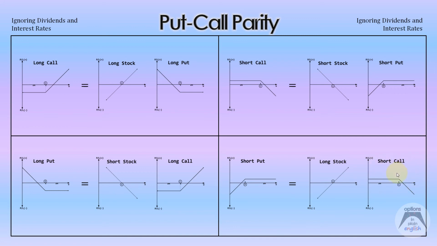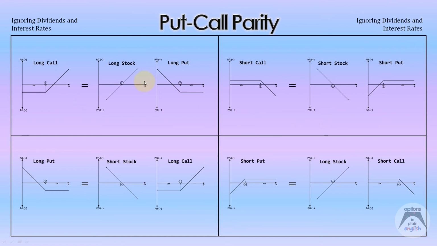Now remember, we mentioned that we are ignoring dividends and interest rates, but you shouldn't, okay? So every time you replace or you think of a position and you want to replace those elements by knowing these relationships, you have to be aware of the fact that dividends and the risk-free interest rate is going to come into the picture, okay?